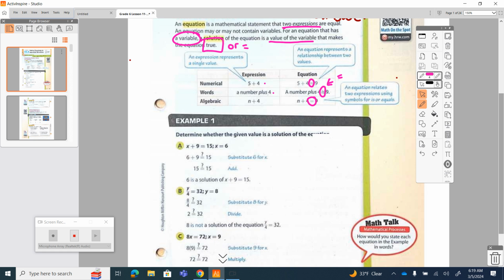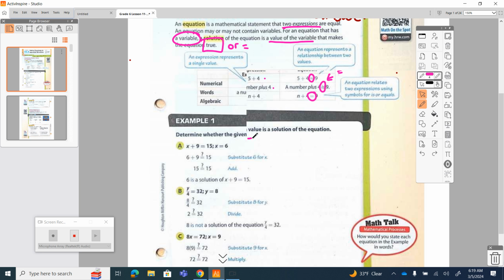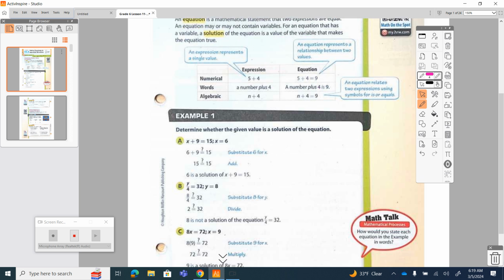Determine whether the given value is a solution to the equation. You can think of it this way: is x plus 9 equal to 15 when x is equal to 6?